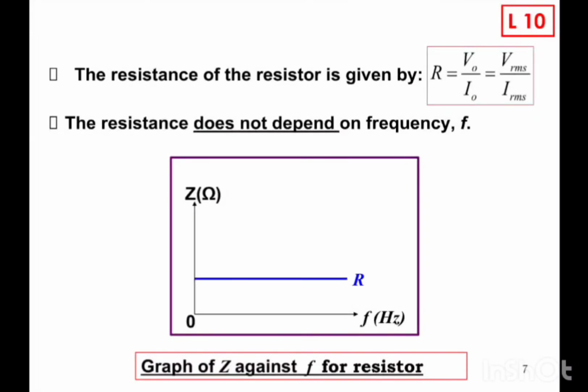The resistance of the resistor is given by R equals V0 over I0, which equals VRMS over IRMS, so the resistance does not depend on frequency. So the graph of Z against F for a resistor is a straight line. The blue one is the graph of Z against F.